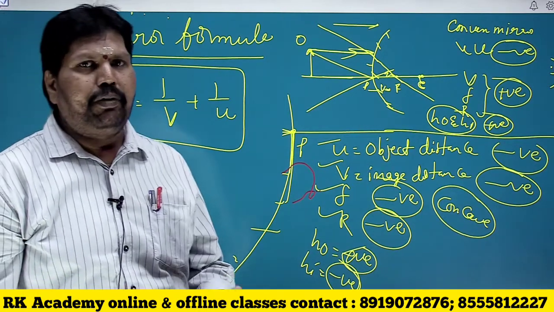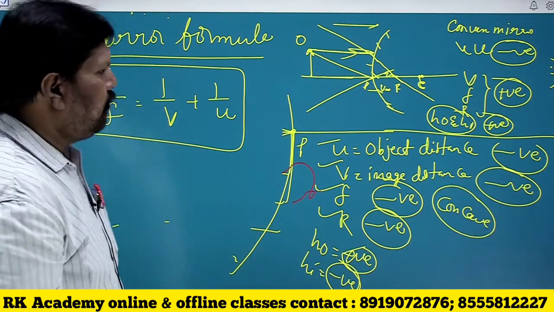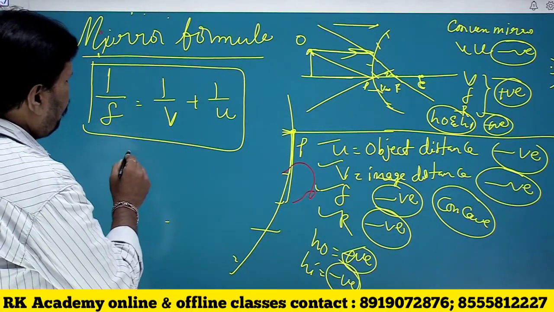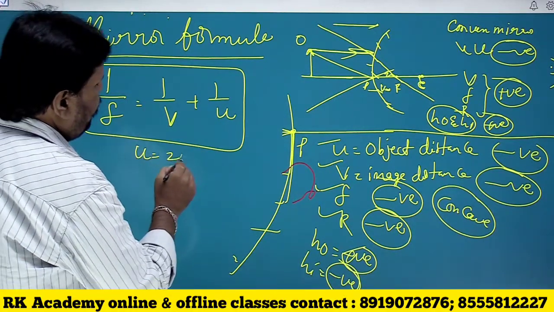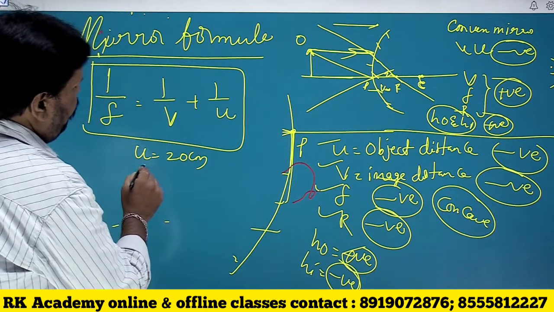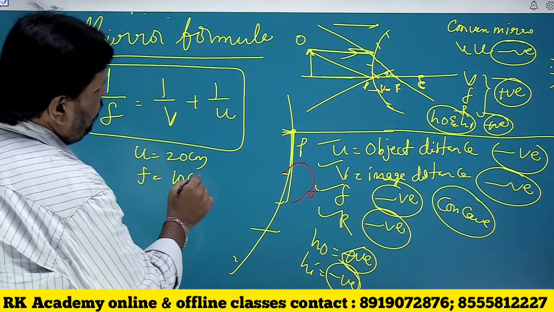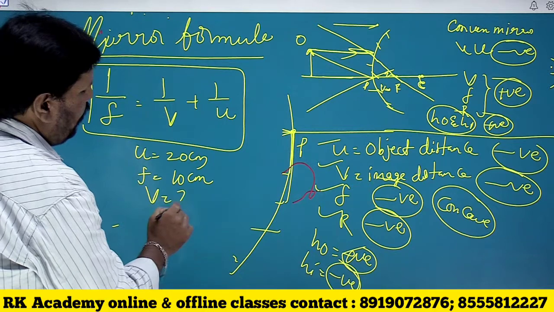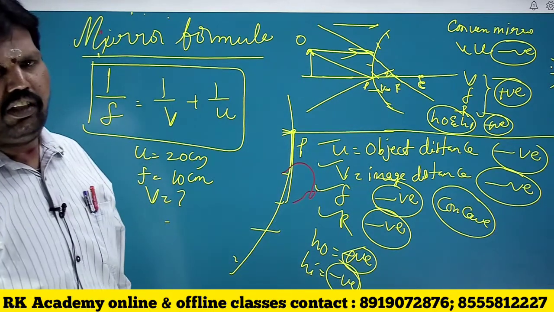Sometimes the problem may be given that for a concave mirror, if the object is kept at 20 centimeters, and the focal length is 10 centimeters, what would be the image distance? That you might be asked.